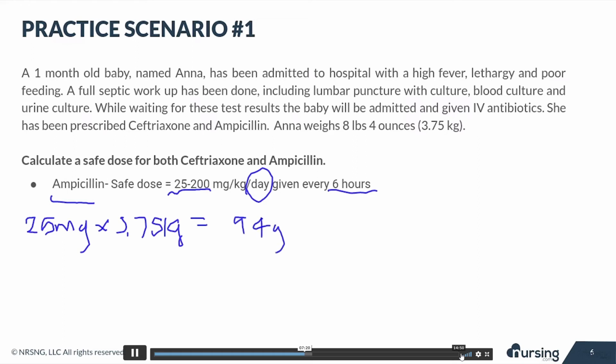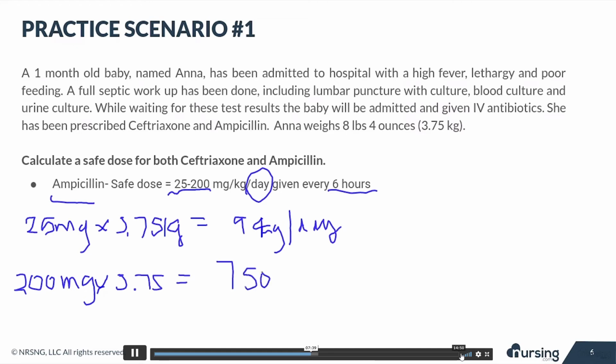So she could have 94 milligrams per day as the low range of the dose. Now, moving up to the higher range, we're going to calculate 200 milligrams times 3.75. For the higher end of the dose, she could have 750 milligrams per day.